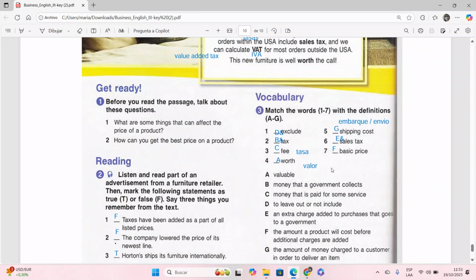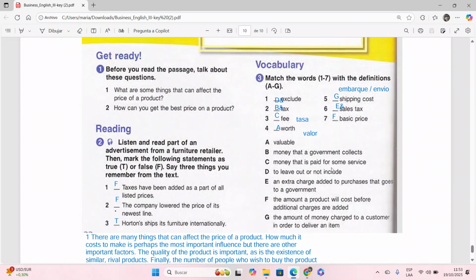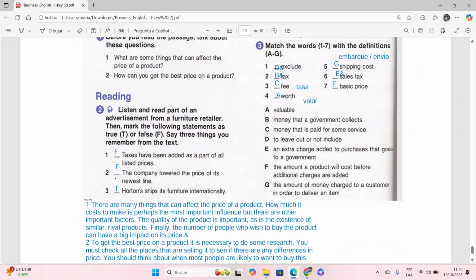3. Match the words from 1 to 7 with the definitions from A to G. 1. D. To leave out or not include. 2. B. Money that the government collects. 3. C. Money that is paid for some service. Fee. 4. Worth. A. Billable. 5.